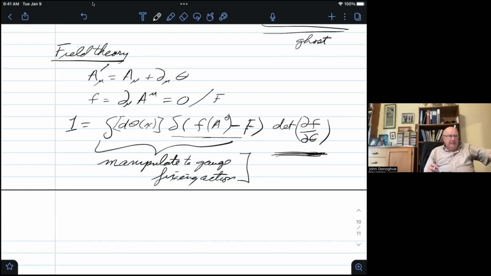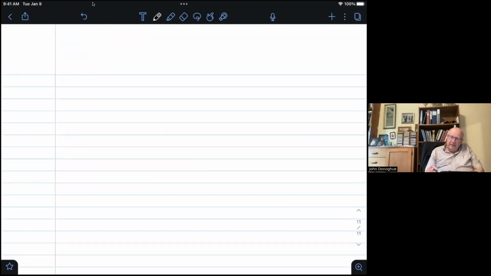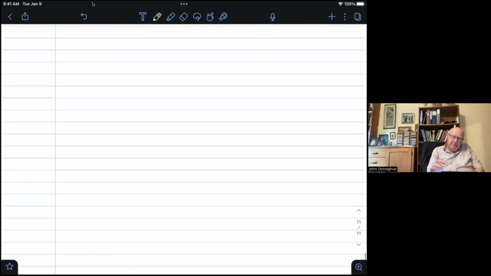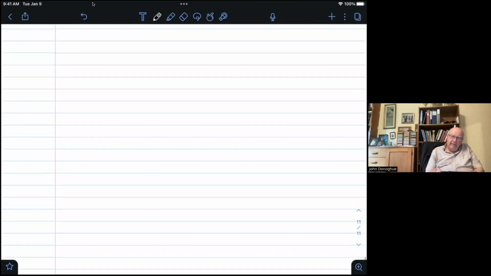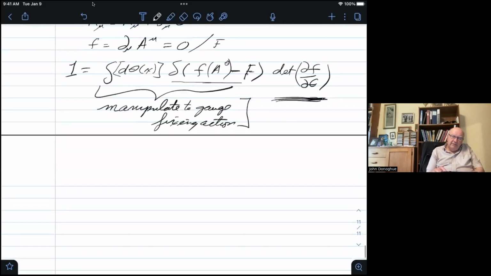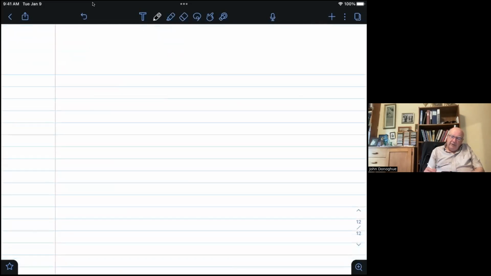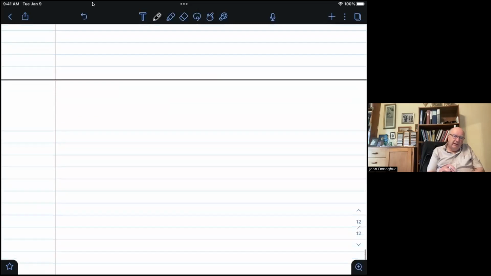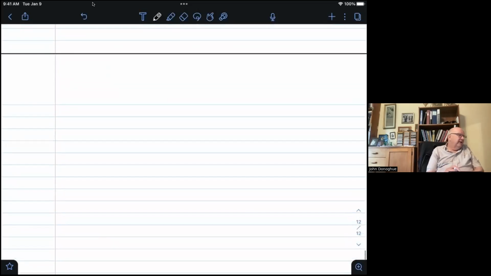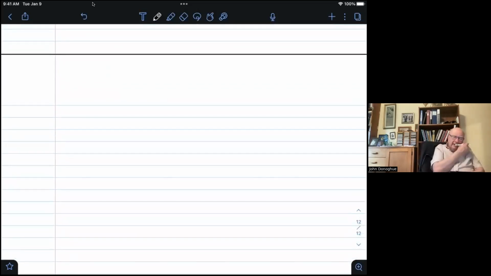And it's equivalent to adding the gauge fixing term in the Lagrangian. I'm going to leave a page there for a little written discussion of that.